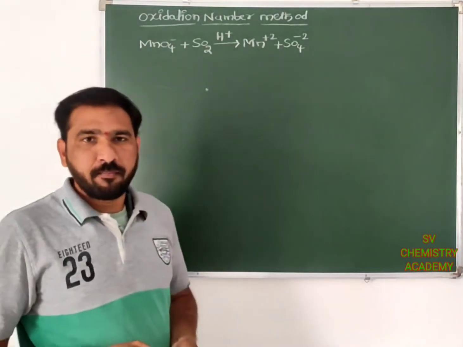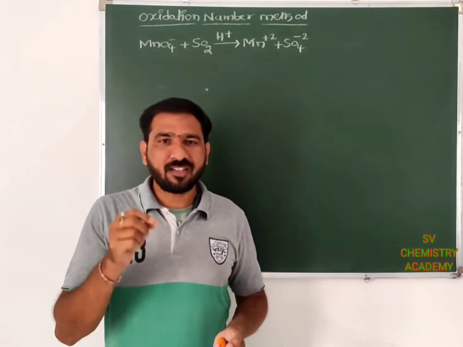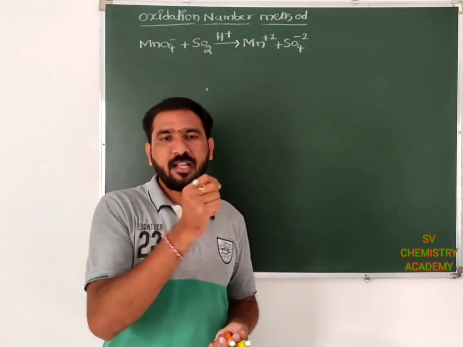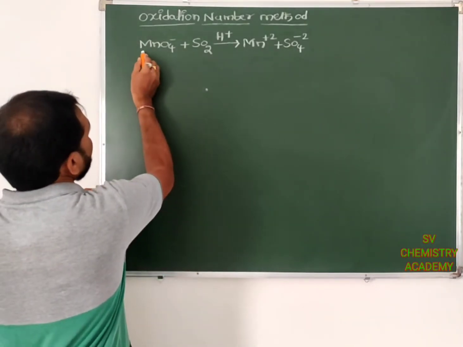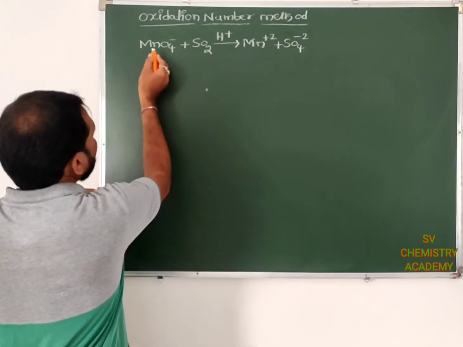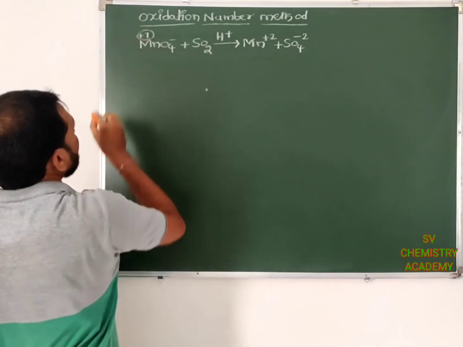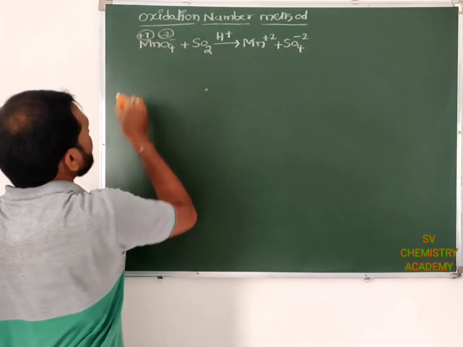So step 1: identification of individual oxidation states of atoms in the reactant species and products. That is the first step. So here in MnO4 minus, the manganese oxidation state is plus 7, right? The oxidation state of oxygen is minus 2.